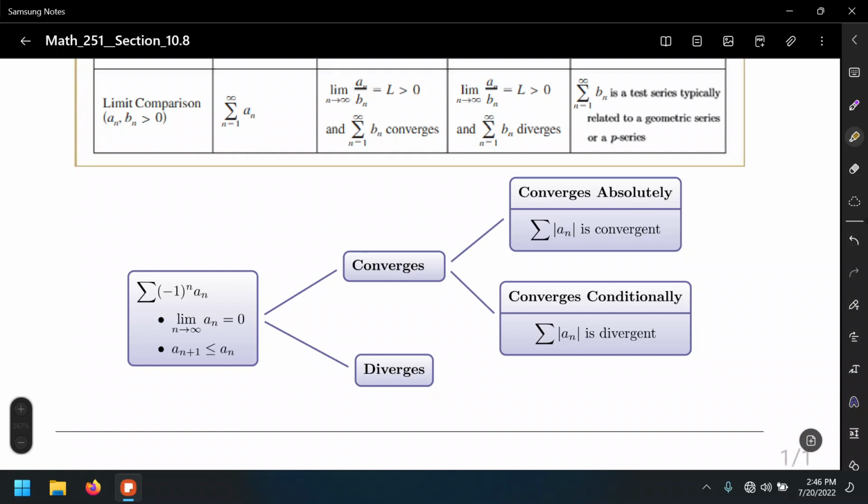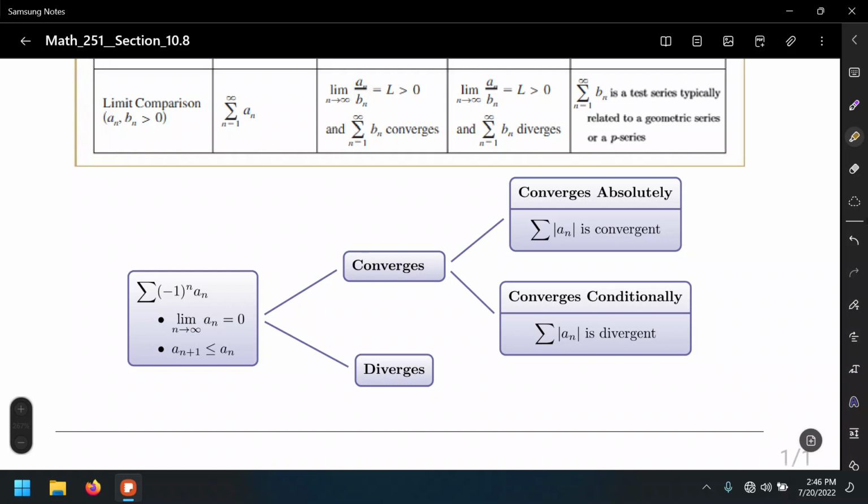If that new series converges, well, the series converges absolutely, but if that new series diverges, well, it converges conditionally, all right?